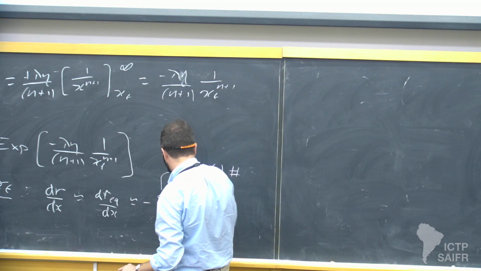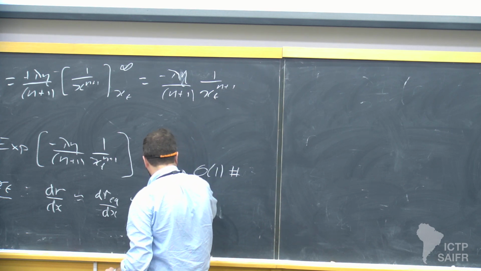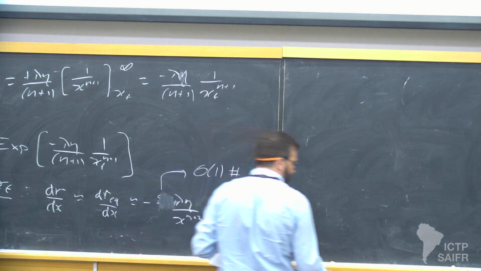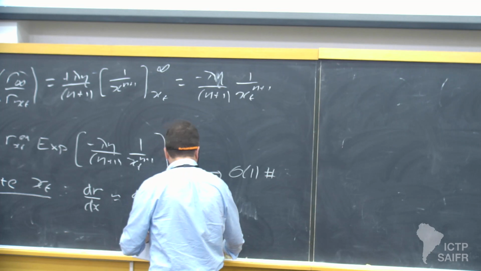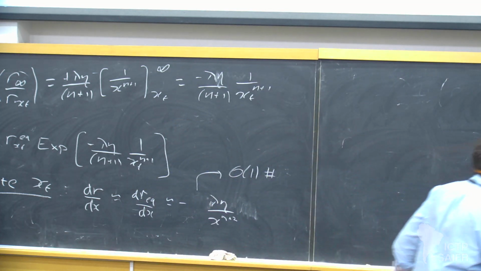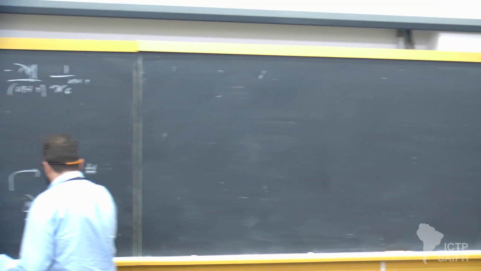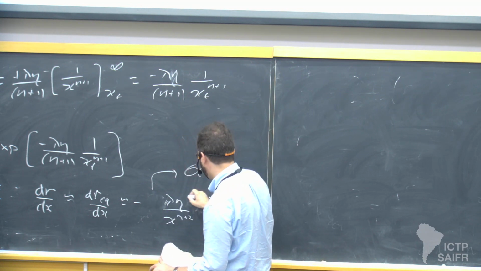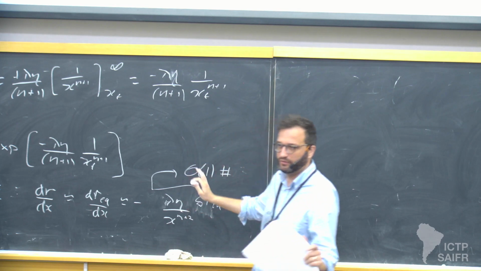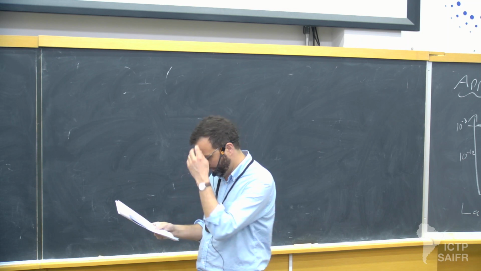So just to get the point across, what we've done: this is just the prefactor here, and then we set this r minus r equilibrium to be delta, some order 1 number, times r equilibrium. That's all it is. Very simple estimate.